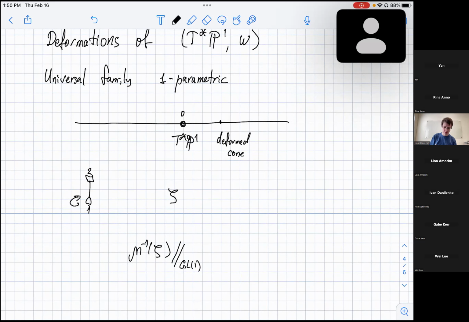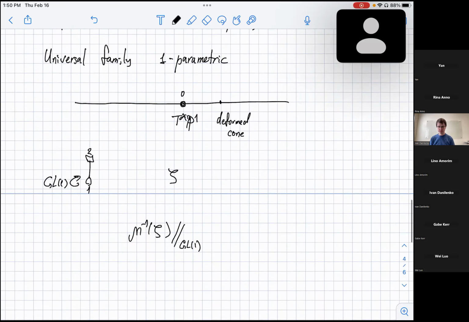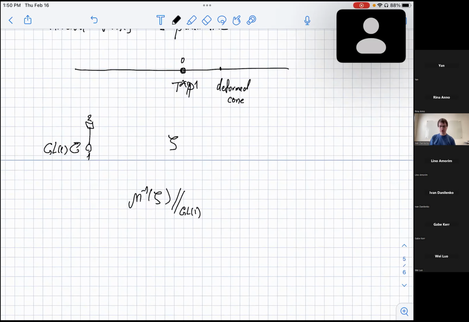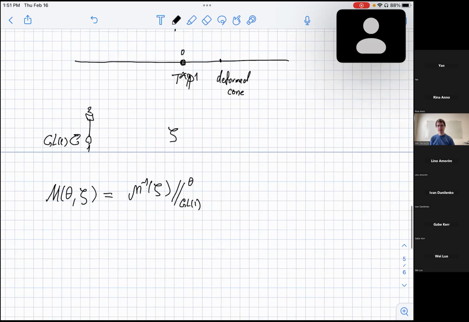So GL1 acts here. And I also need to take points semi-stable with respect to a certain character when I take this quotient. Usually that's called the Nakajima quiver variety.